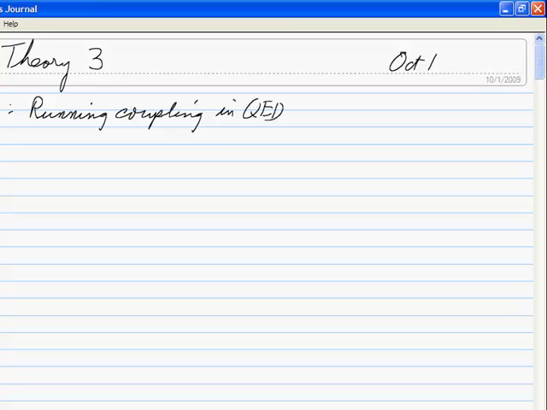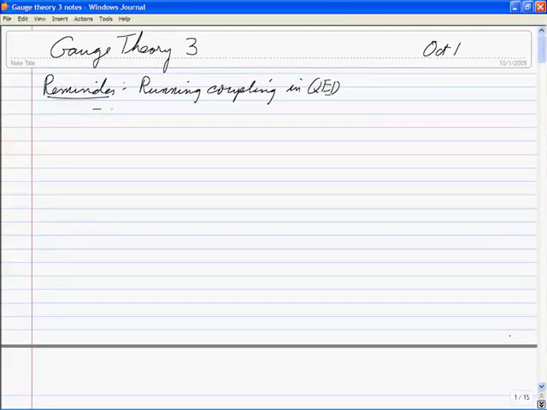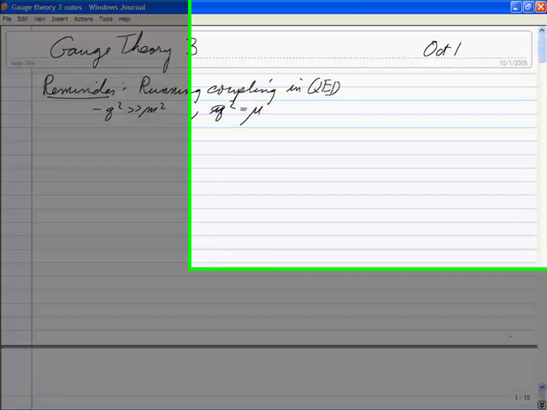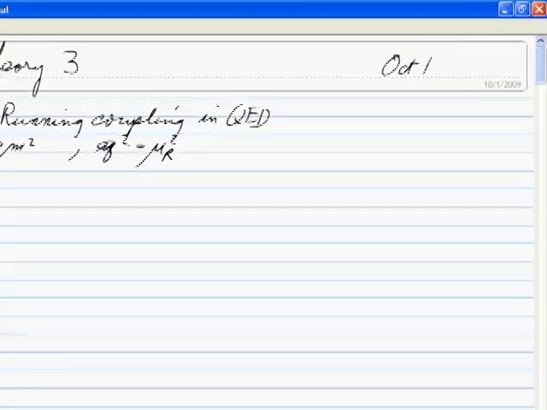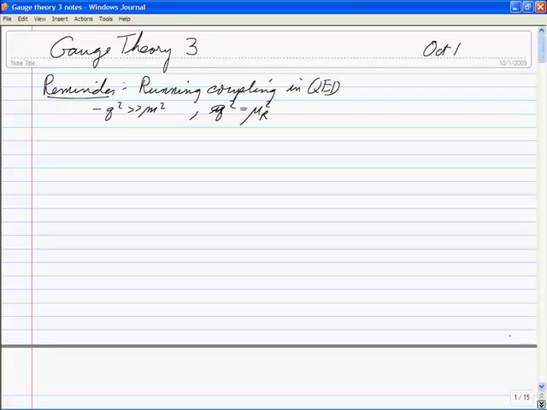So when we first did QED, we started at q squared equals 0, but here we'd like to do q squared much, much bigger than m squared, and we'll take q squared to be at some renormalization point, which is mu r squared. So we'll renormalize at some large value.